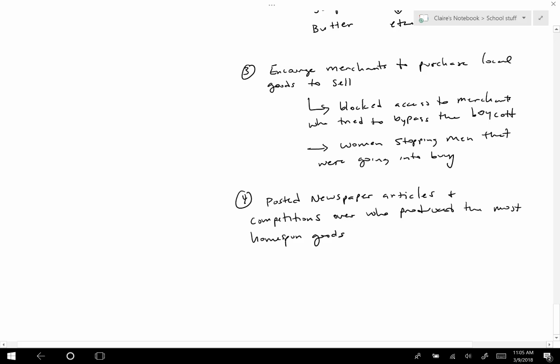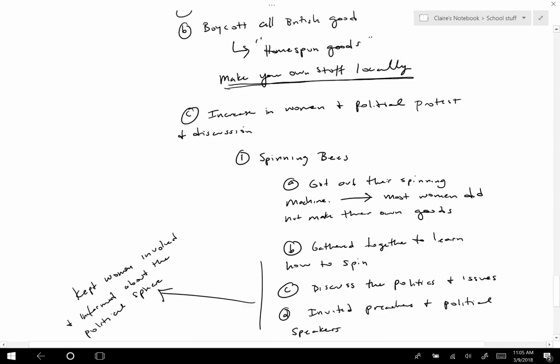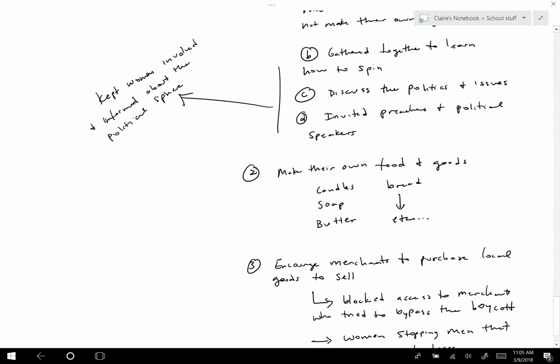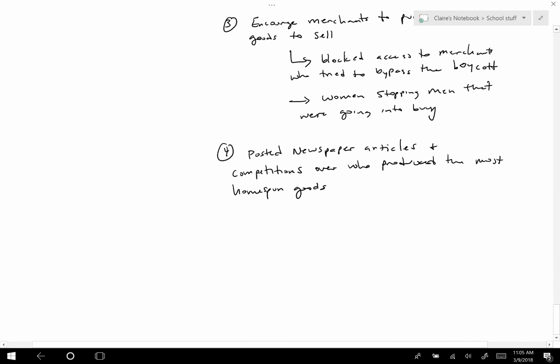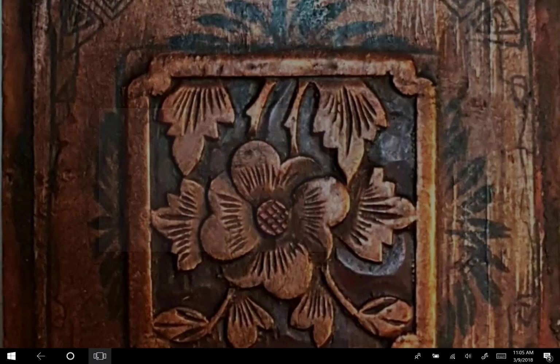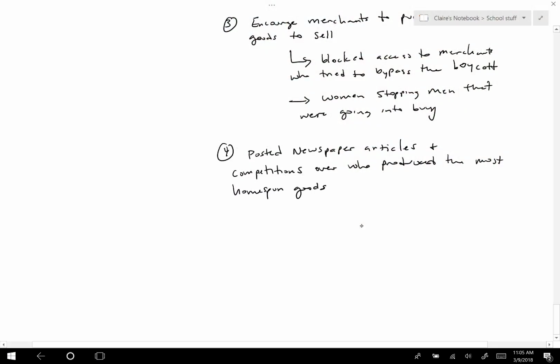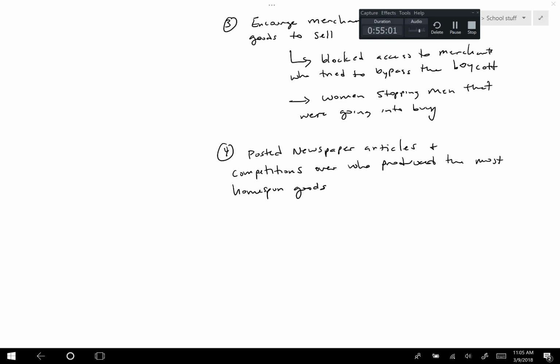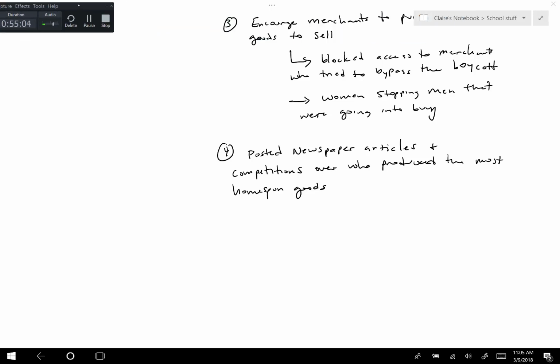And all of these things were incredibly important for the success, because the reality is a boycott never would have happened if the women hadn't been involved to make these things stick. You weren't going to be successful if women weren't actively involved in this process. And they were successful, because it opened up people's eyes to the seriousness of this, how involved the colonies were.